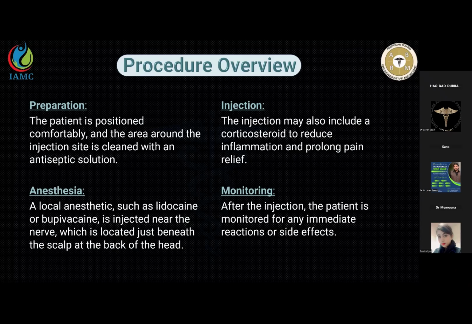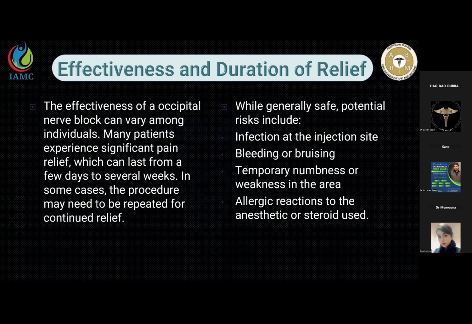While generally safe, potential risks include infection, injection site bleeding, bruising, and temporary numbness or weakness in the area. When you give the block, the patient will immediately say, I have pain relief, but my head is numb. I start feeling numb in the scalp area. So you should explain this to the patient.